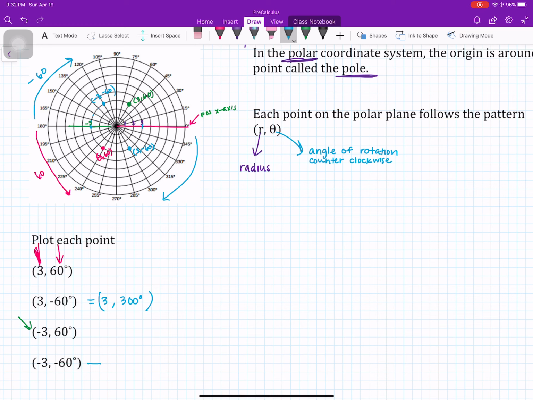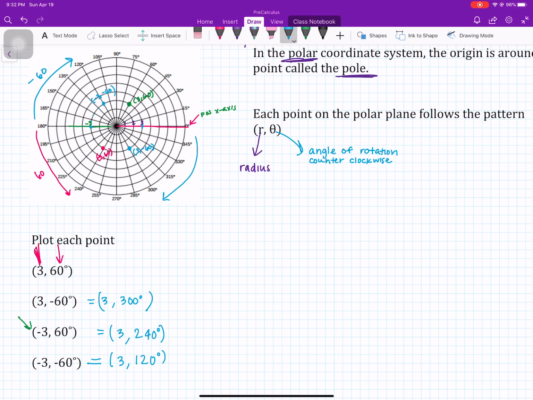Like if we were rotating forward, this would be equal to positive 3 and 120. Or you could say that this is equal to positive 3 and 240. There's lots of different ways that you can come up with equivalent points.